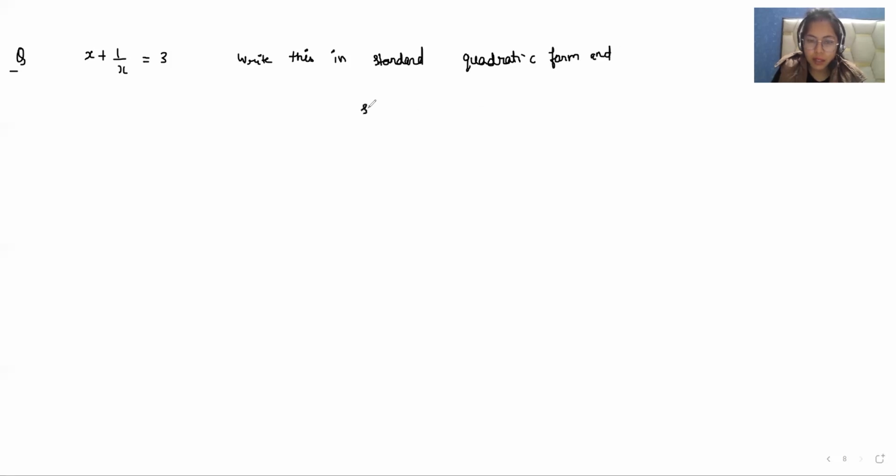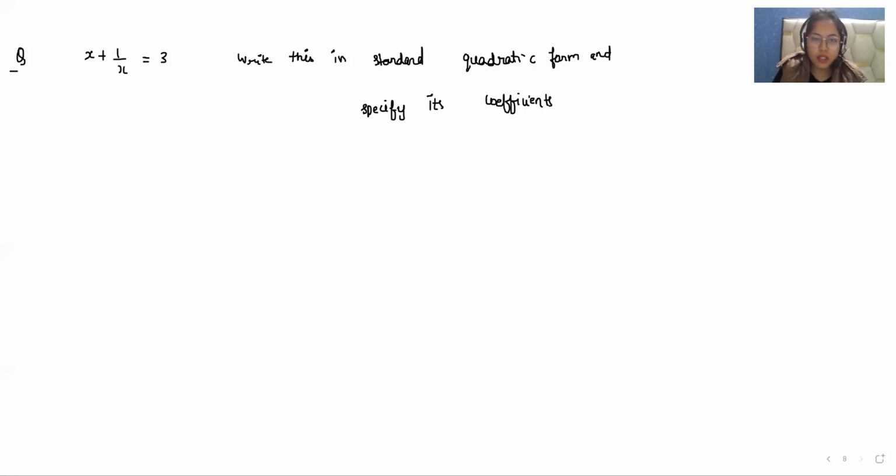Suppose they give you another question like this and you have to find the value of a, b and c. x plus 1 over x equals 3. Write this in the standard form and specify its coefficients. Coefficients means the value of a, b and c.